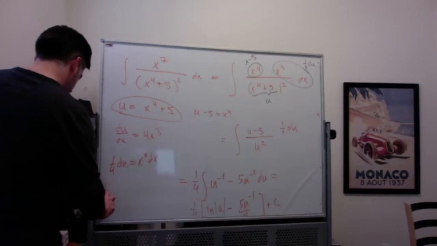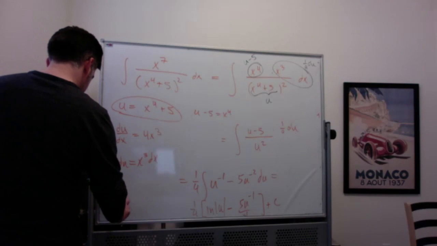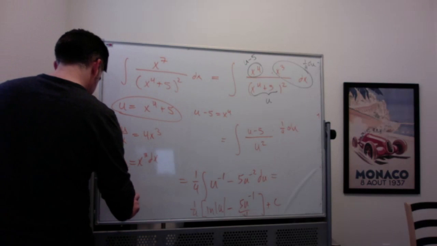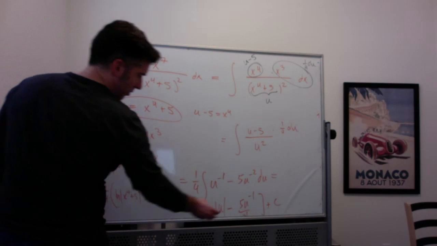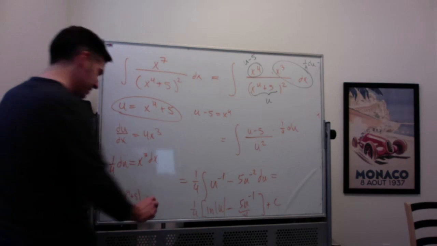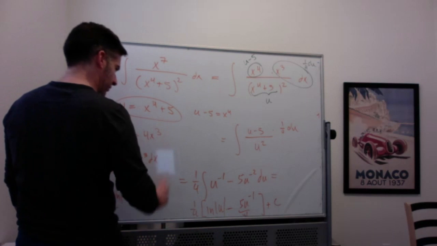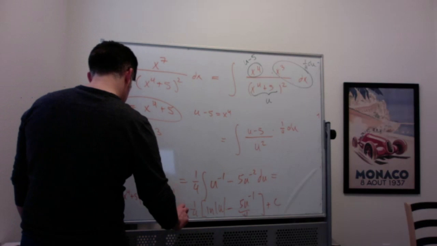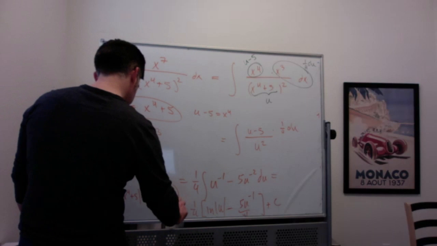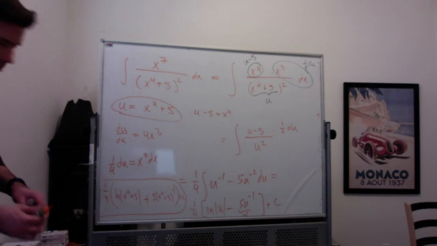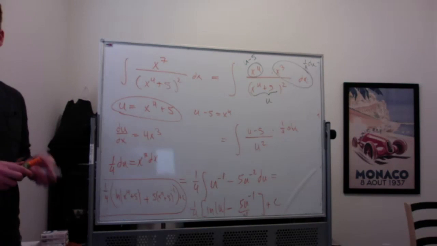So then my final answer would be 1/4 times natural log of the absolute value of x to the 4th plus 5, minus, well, really plus, it's a minus and a minus, so plus 5 times x to the 4th plus 5 to the negative 1, plus c. So that's how you do that one.